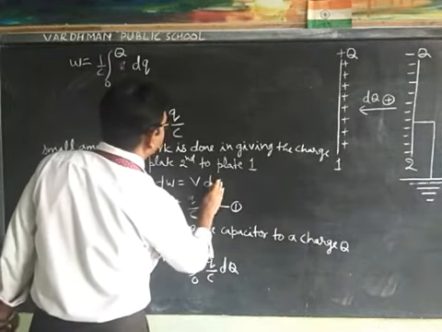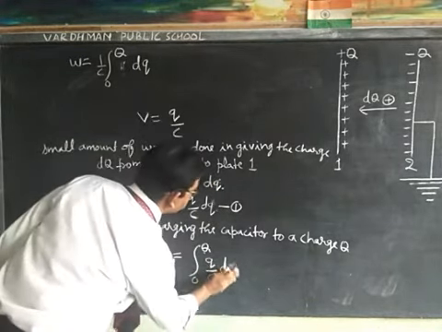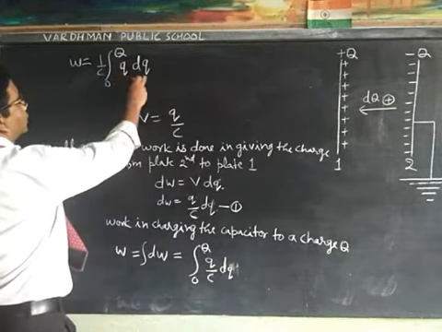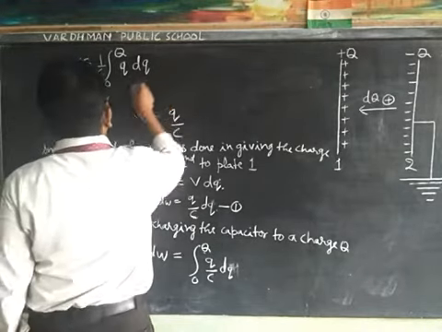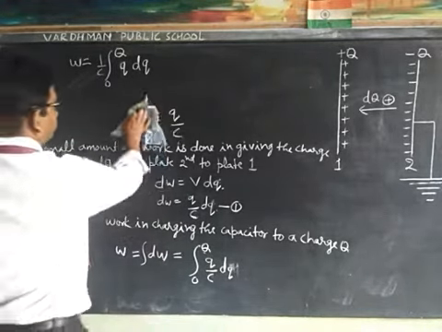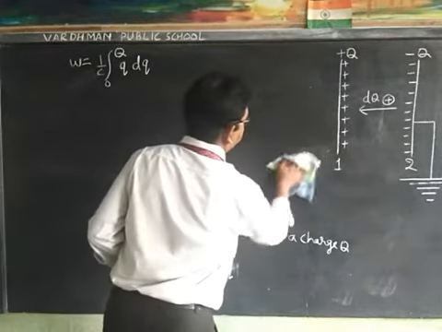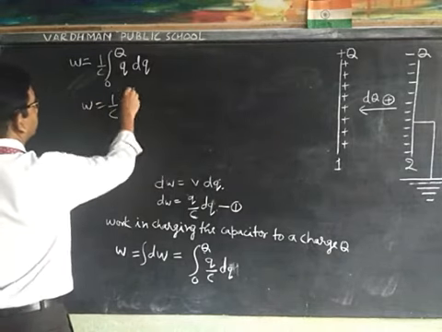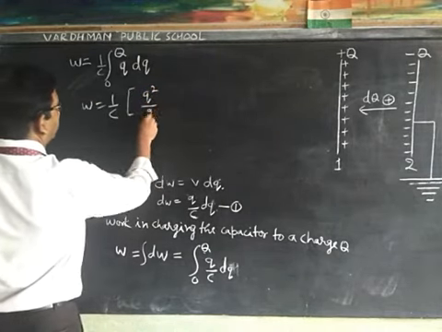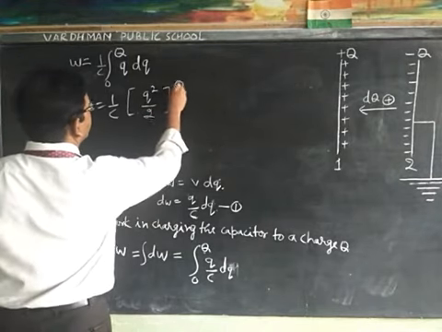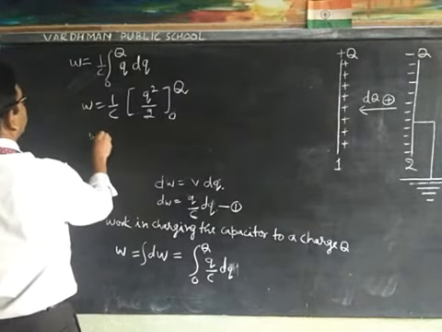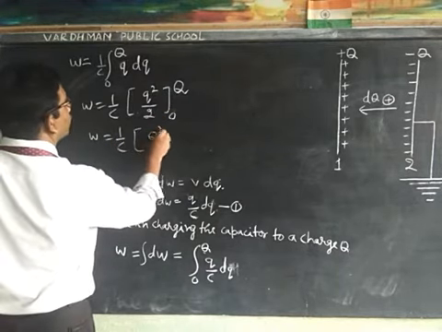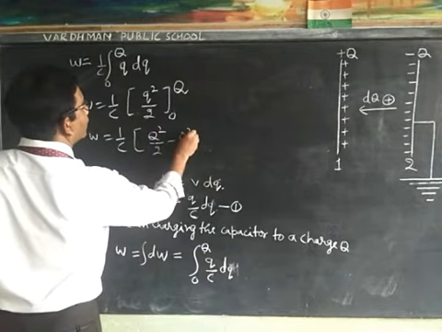The integration of q dq gives W is equal to 1 upon C times q square upon 2, from 0 to Q. W is equal to 1 upon C, upper limit minus lower limit, Q square upon 2 minus 0 square upon 2.